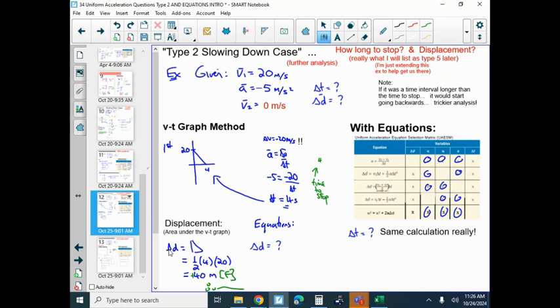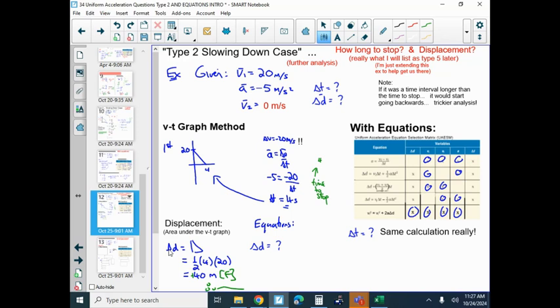Is that right? I feel like I'm picking the wrong one here, but so, time, we already did, displacement, V1, V2. This isn't really a type 2 anymore, is it? Back to being a type 1, I guess? Yeah, it's back to being a type 1.